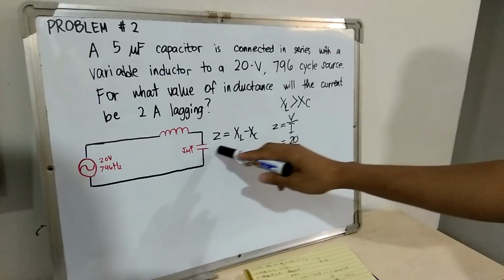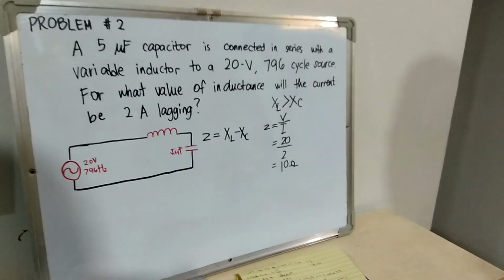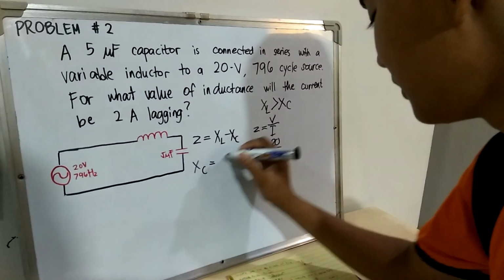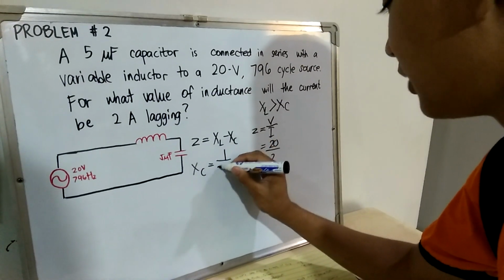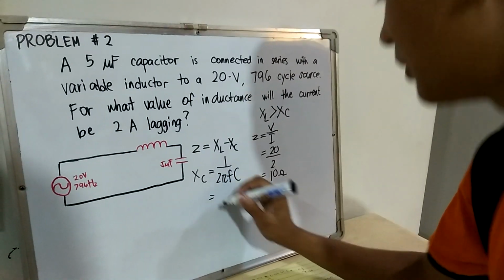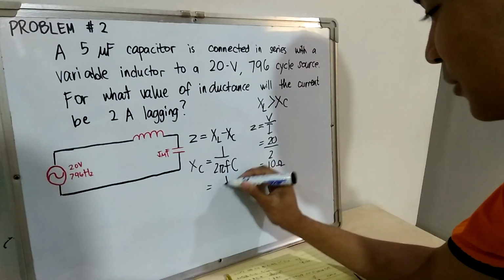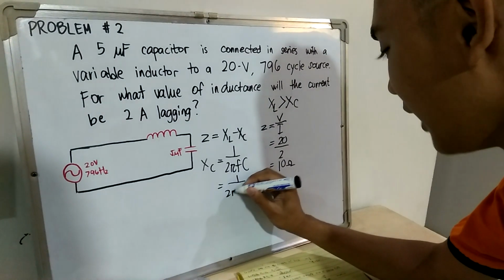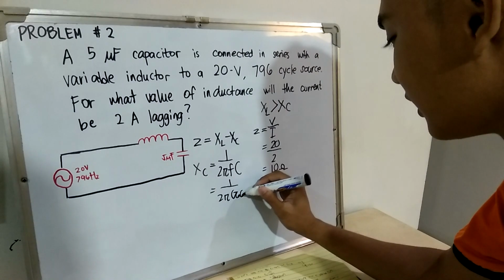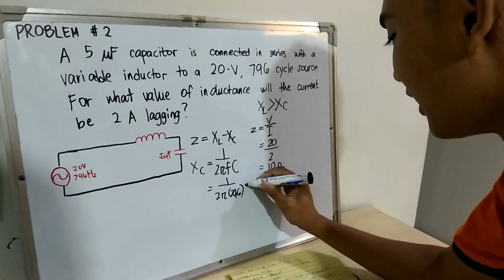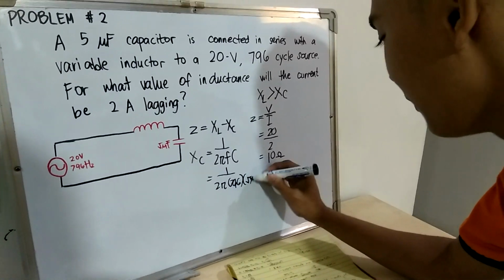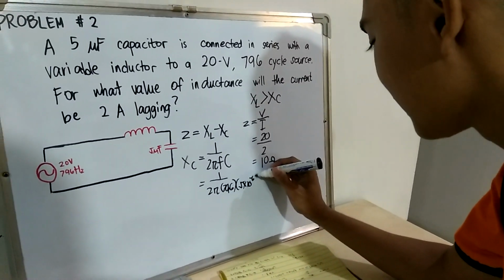So first, we have to get the capacitive reactance, which is equal to XC is equal to 1 over 2 pi FC. So let's substitute the values. 1 over 2 pi times 796 hertz times 5 times 10 to the negative 6 farad.